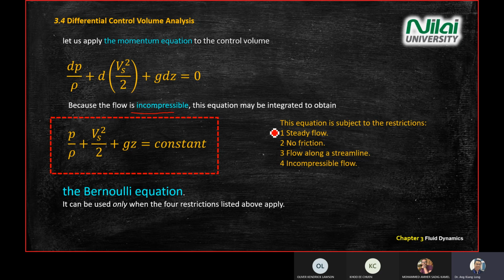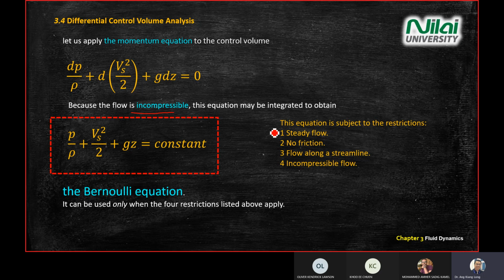If the question mentions steady flow, no friction, incompressible flow, and sometimes as an extra line to help you, it will say that the flow is along the streamline, or find the pressure along the streamline. If these 4 criteria are met, then you can use the equation in the red bracket that you see on the screen here.